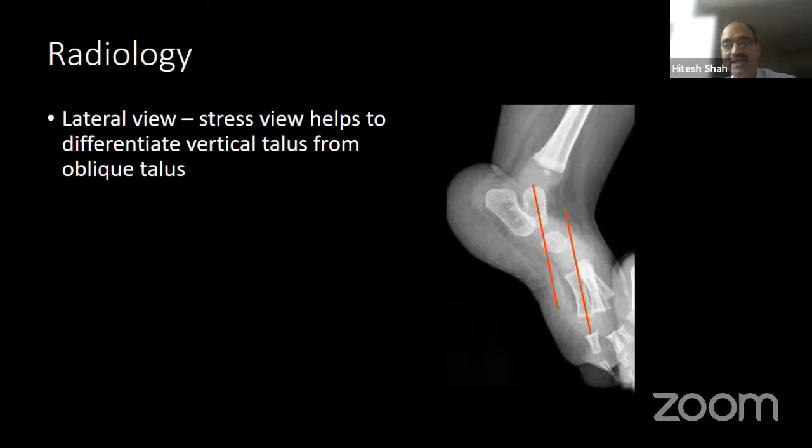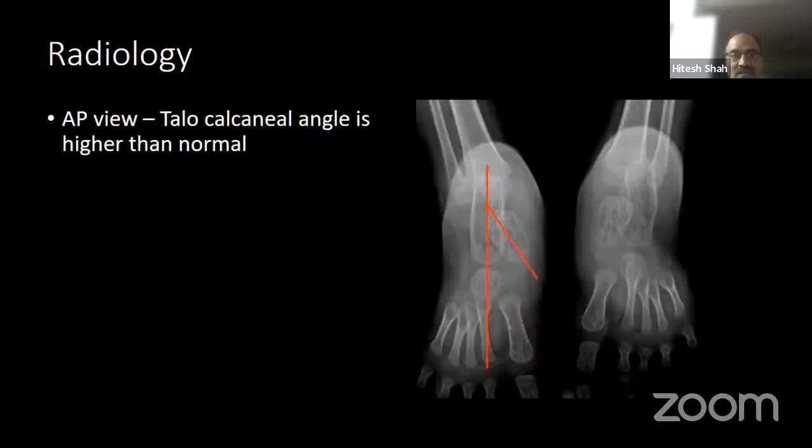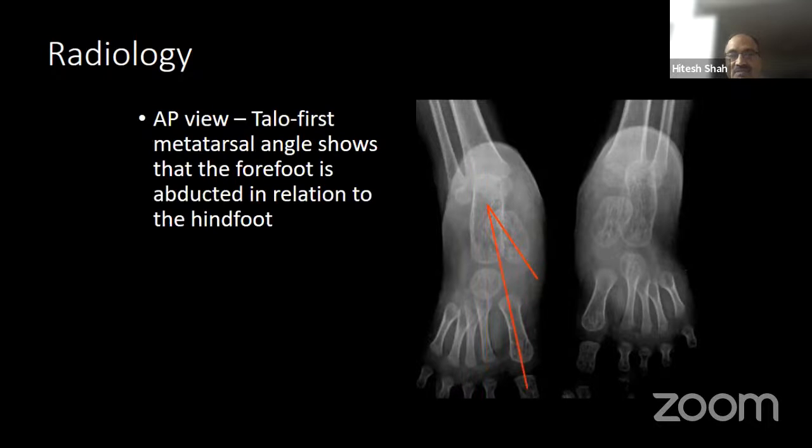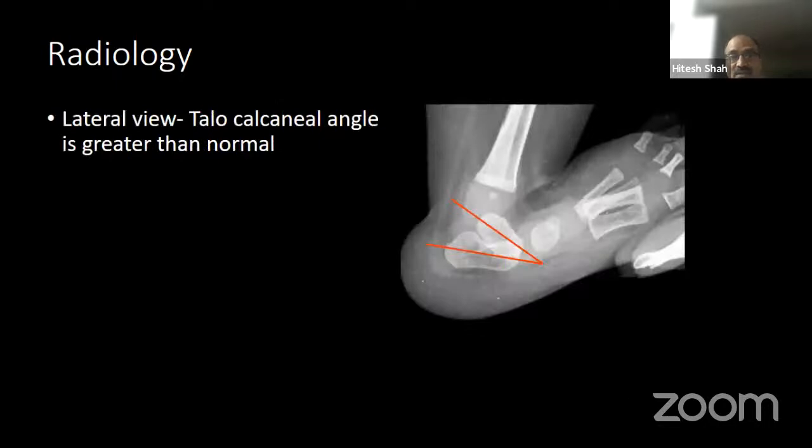So always check 2 axes: the longitudinal axis of the talus and the first metatarsal. Yes, you are correct. On the AP you can measure the talocalcaneal angle, but that will give you only severity. And the first metatarsal angle will give you an idea about forefoot abduction, that is the relationship of the forefoot compared to the hind foot.